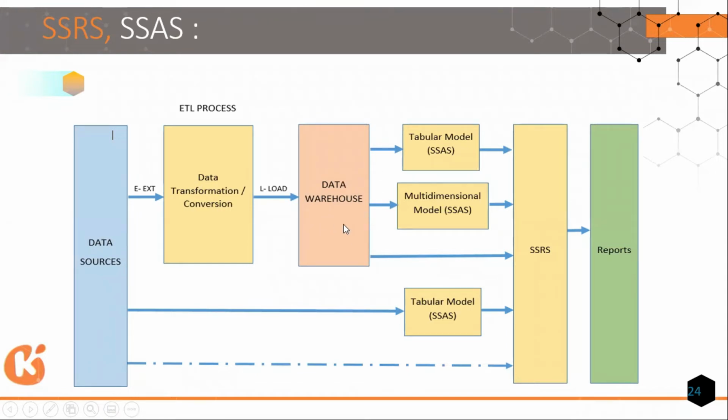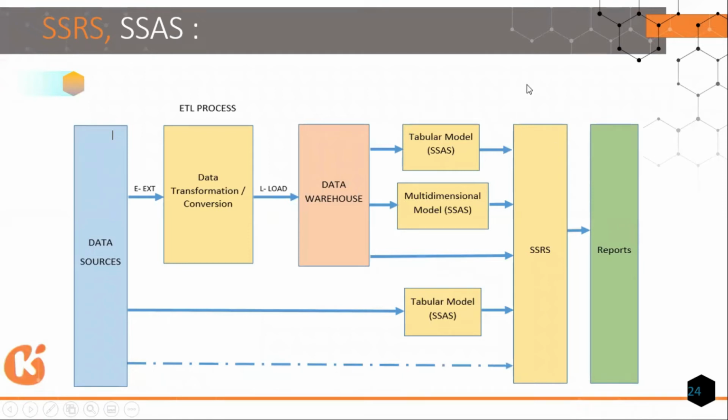So after creating the data warehouse, in earlier years, sometimes the data warehouse performance was not good enough. Sometimes for complex data, the performance was not enough. What would we do? We would convert the data warehouse data again into an analysis services model.